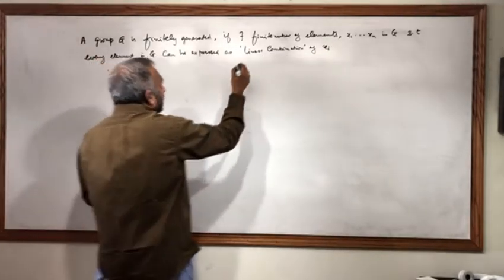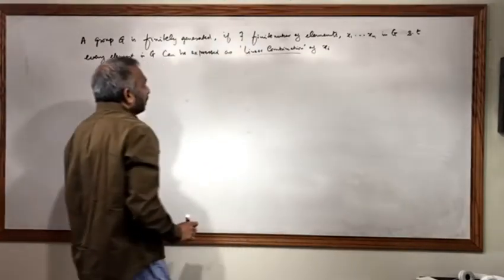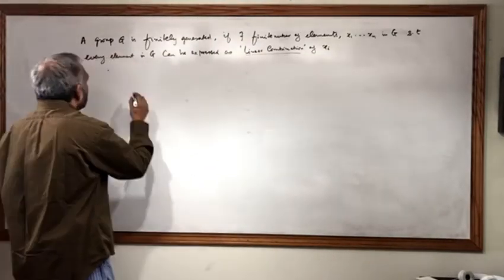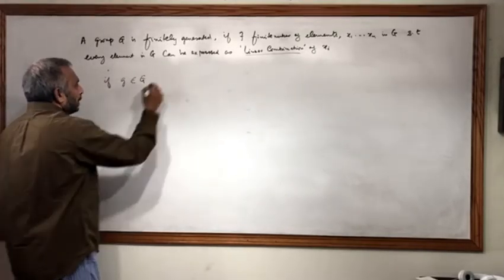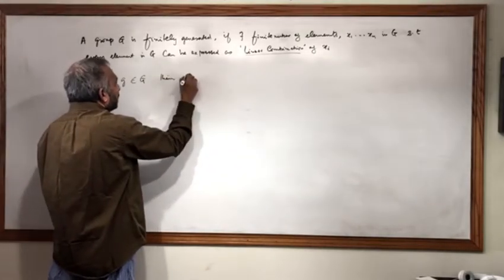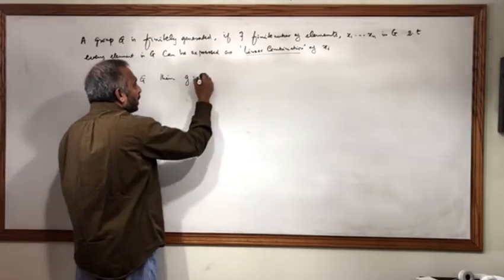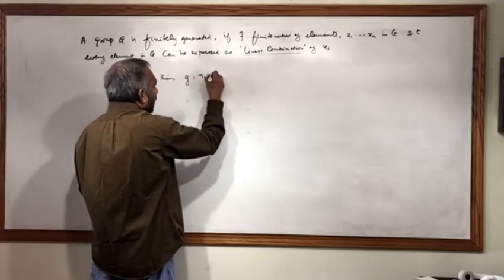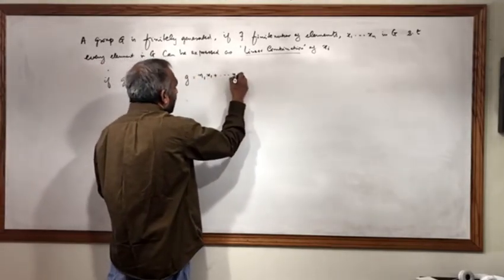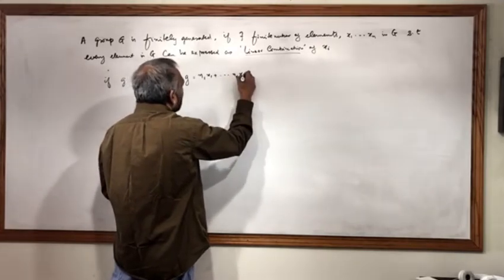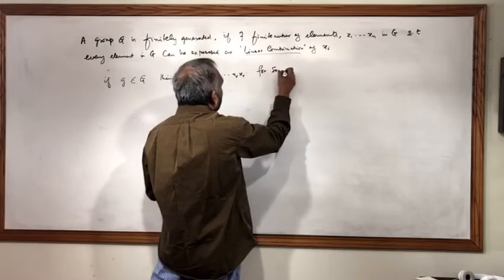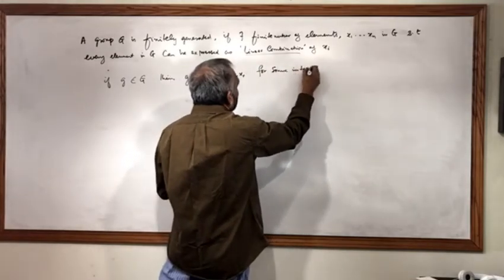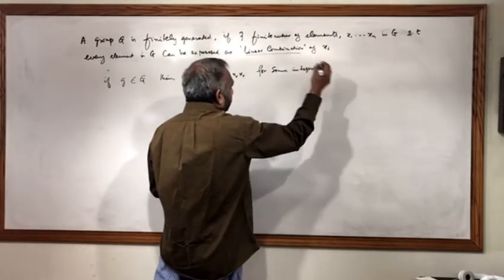When I say linear combination, what I meant is if g belongs to G, then g is equal to n1 x1 plus dash plus nr xr for some integers ni's.